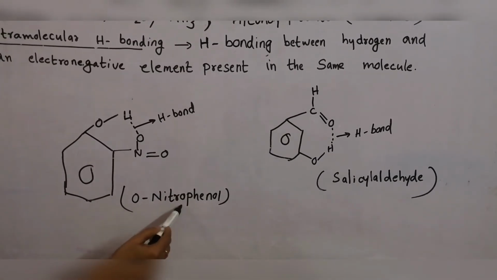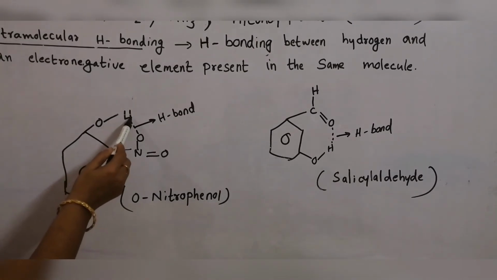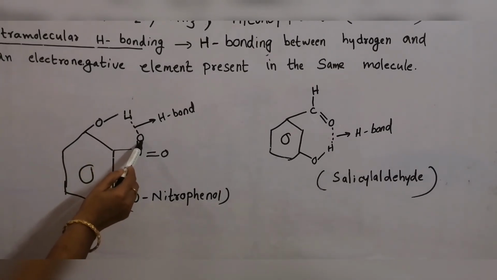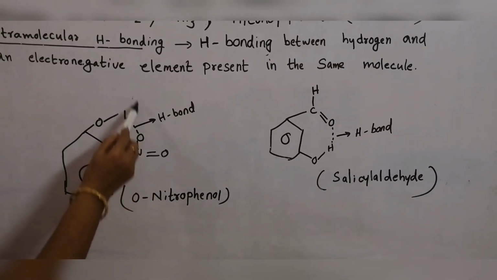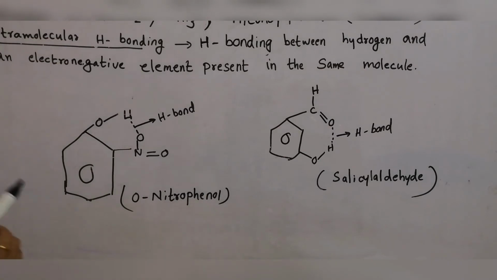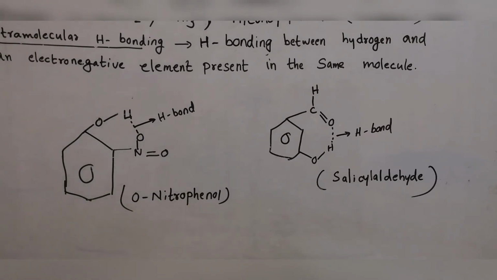In orthonitrophenol, there is hydrogen bonding between hydrogen and oxygen of the NO2 group. The hydrogen bonding is within the same molecule. And in salicylaldehyde, there is also hydrogen bonding in the same molecule.